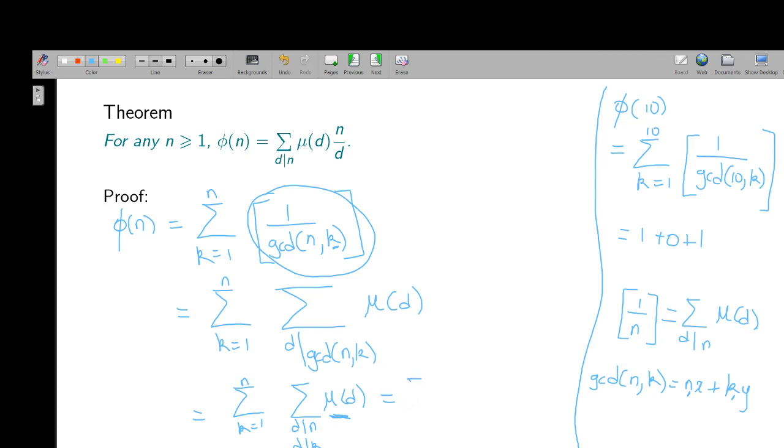This is essentially going to be the summation over d dividing n of mu of d. This is what we saw: mu of d times the number of multiples of d from 1 to n.